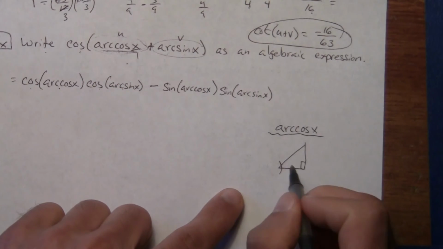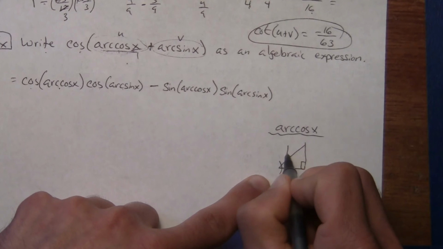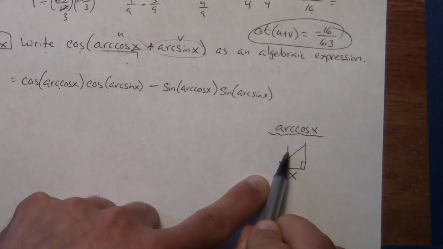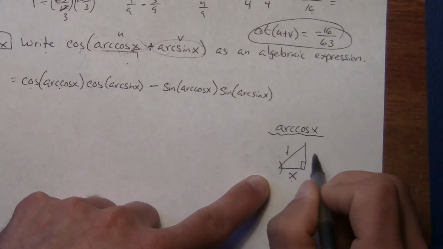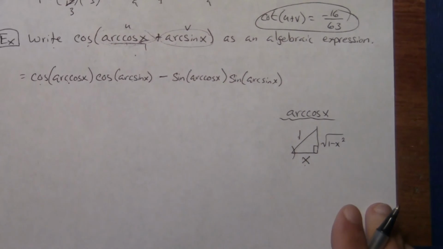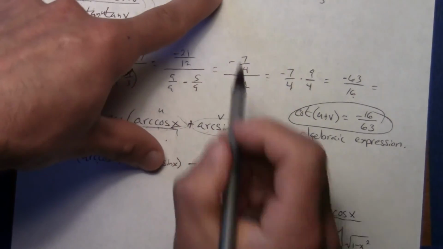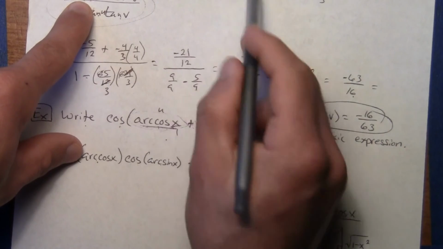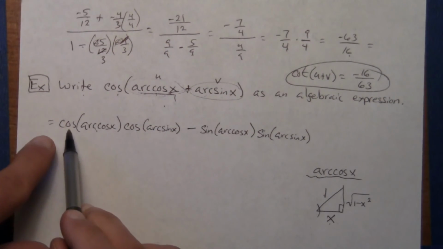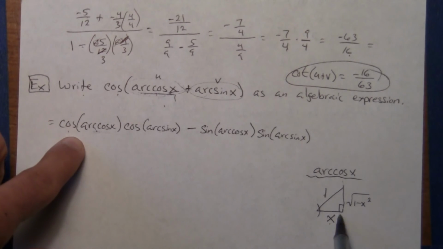That means that cosine is x adjacent, hypotenuse is 1, and if I do the Pythagorean theorem, it's the square root of 1 squared minus x squared, without actually showing it out. So there's that triangle, just like I did up here. Why did I draw that triangle? Because it helped me figure out what the tangent of that triangle was, which, if you look up here when it says find the cosine of that triangle, is telling me to look at that particular triangle.